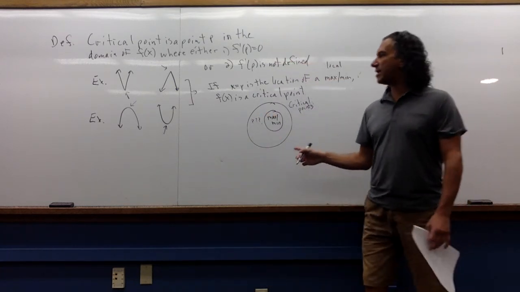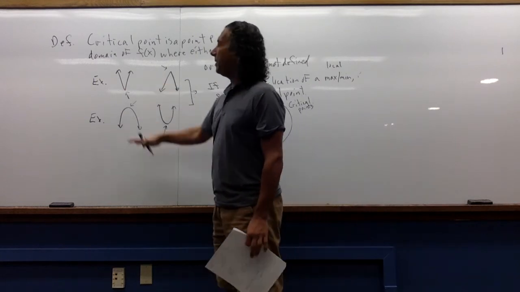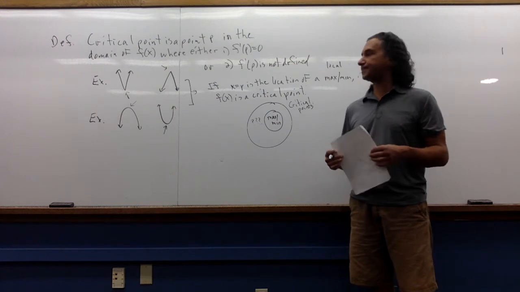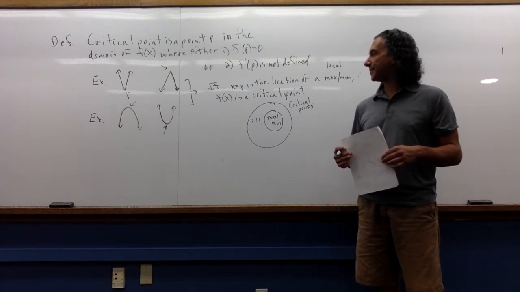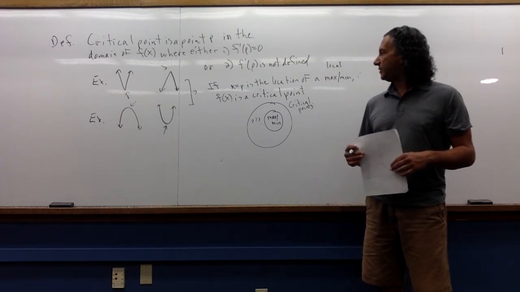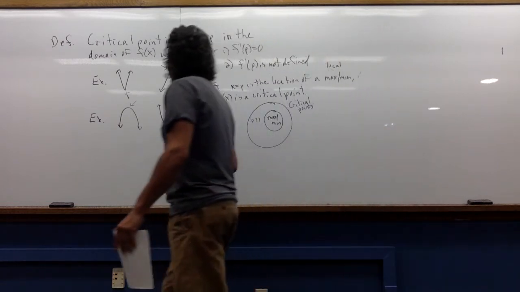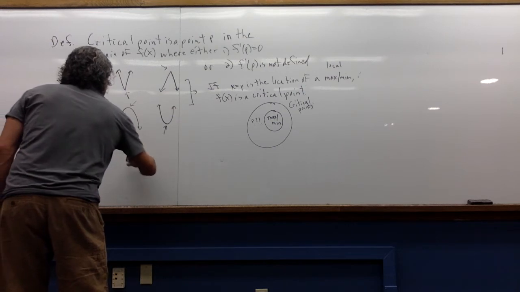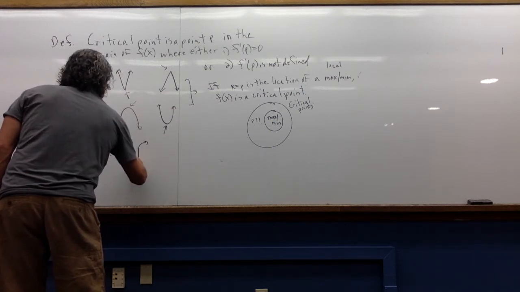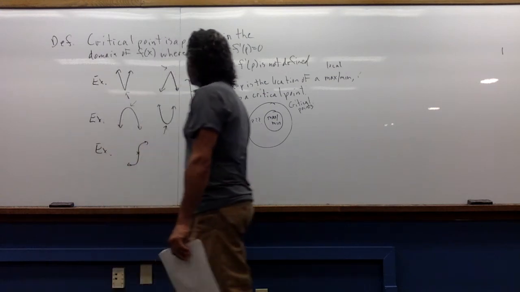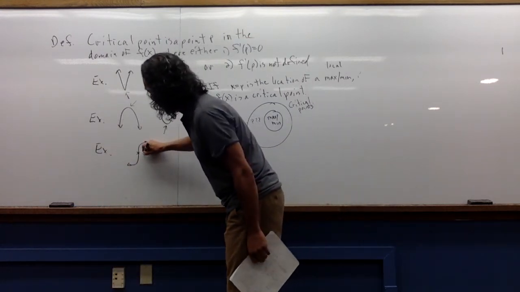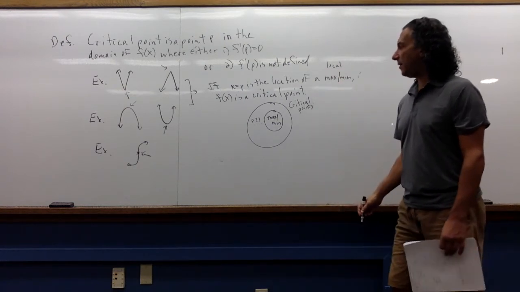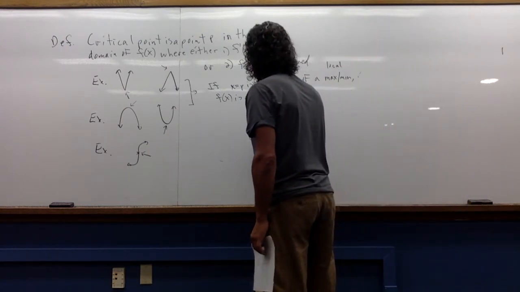Pause the video, see if you can come up with a picture showing a function which has a critical point, but it's not a local max min. Well, hopefully you said one possibility would be something like this. So this guy does have a critical point here because the first derivative is not defined there, but it's not a max min.